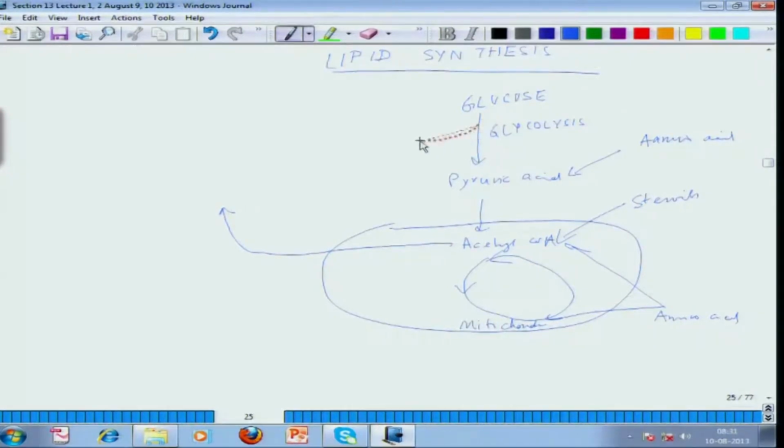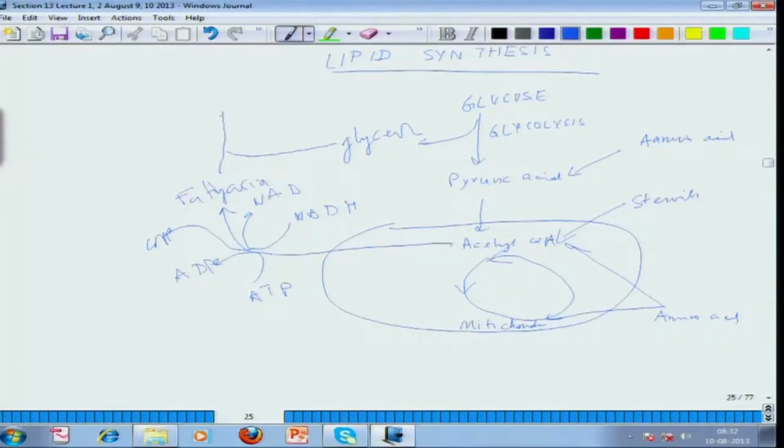So you have glycerol. This glycerol comes here, and this acetyl coenzyme A, utilizing NADH and forming NAD, and in that process ATP is consumed to make ADP and release coenzyme A, leads to the formation of fatty acid.